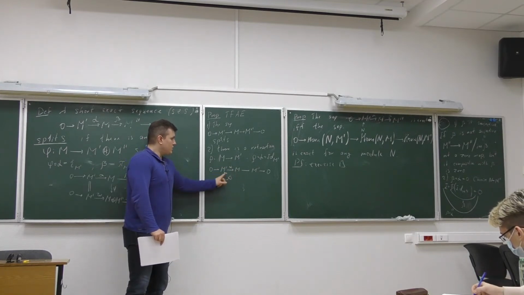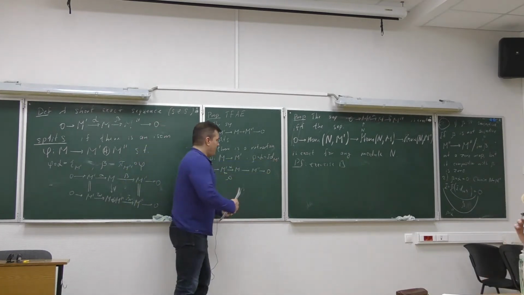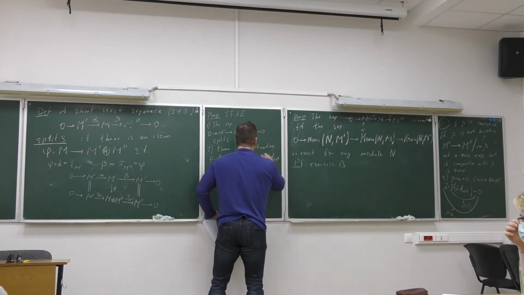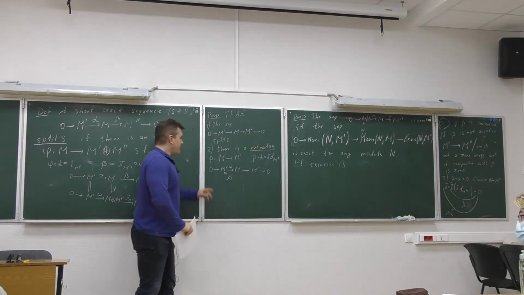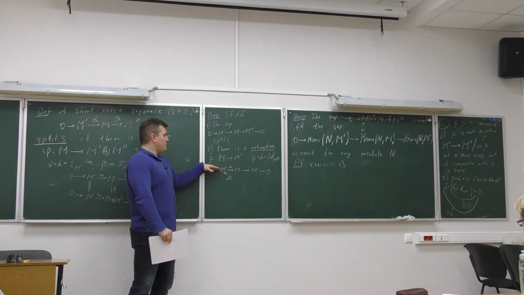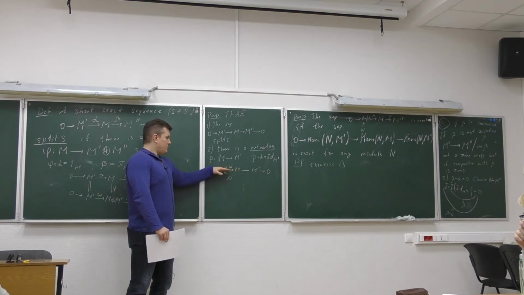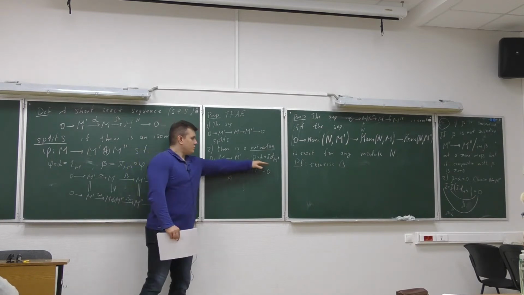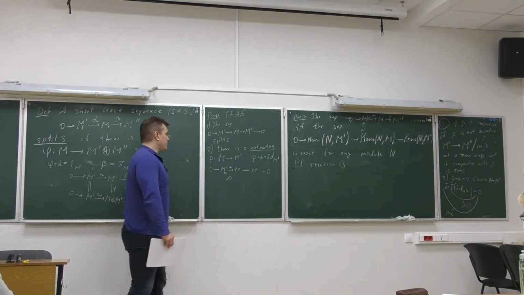By this composition, this has to be the identity on m prime. The word retraction exactly means that, if you have an injective map, the retraction of this injective map is the map that goes in the other direction such that the composition is the identity. That's the definition of retraction.